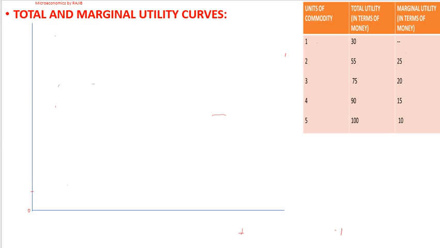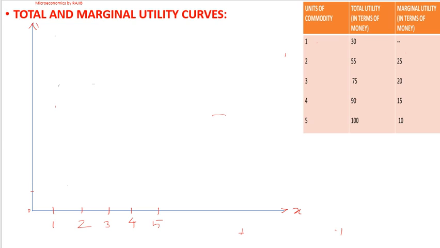Okay, now I will draw here the marginal utility curve. So let me take the pen here. First of all I will write here the units of consumption: first unit, second unit, third unit, fourth unit, and fifth unit. And this is the x-axis and this is the y-axis.